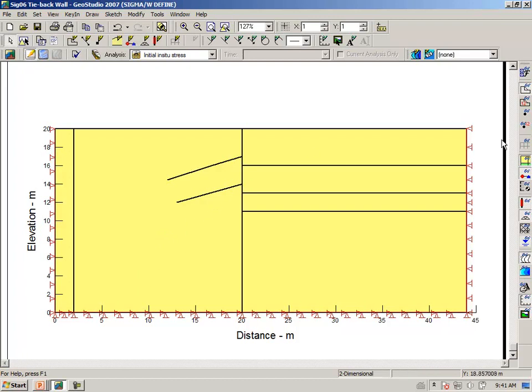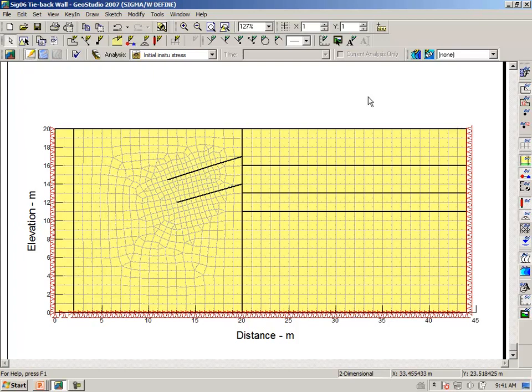It's rather interesting to look at the mesh and how the mesher can mesh around the lines.